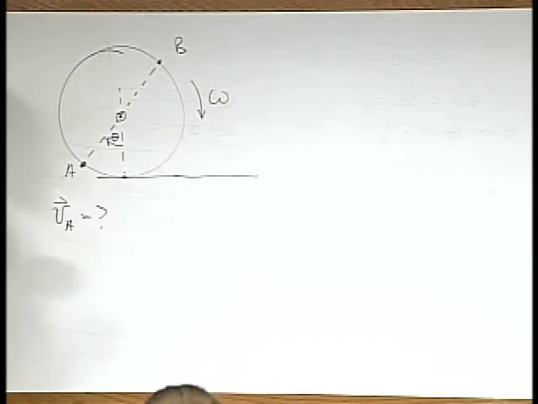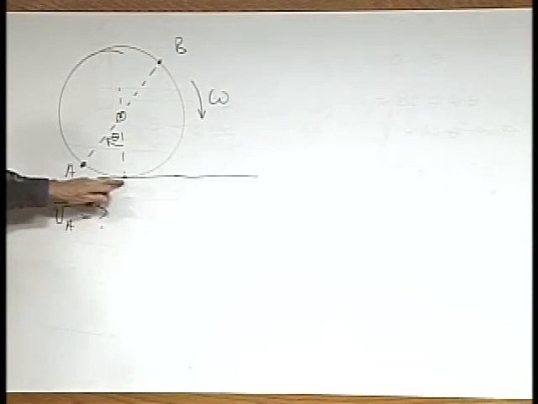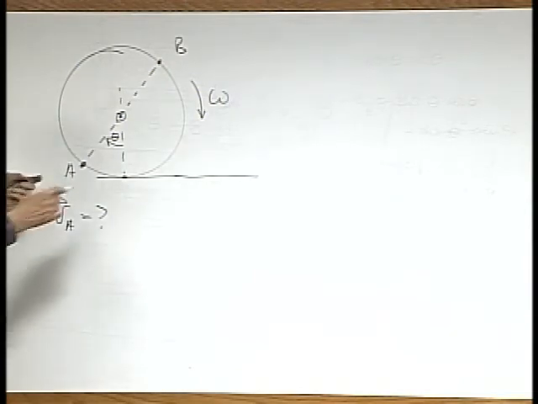Let's start with the vector that starts from the very bottom point where it's at rest, to A, then one to B. Connect them.